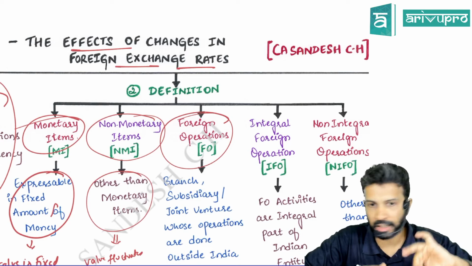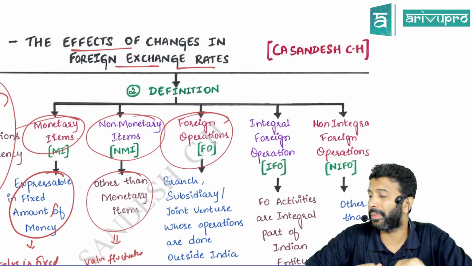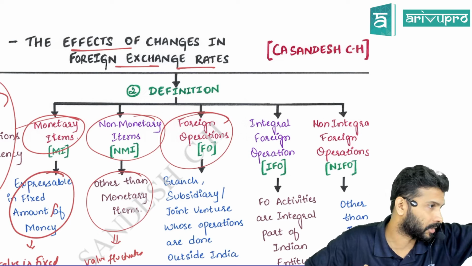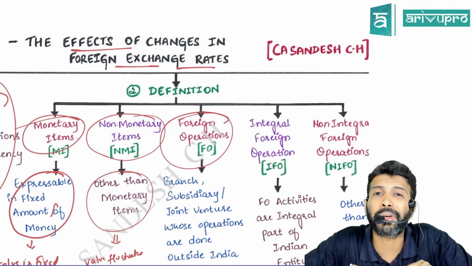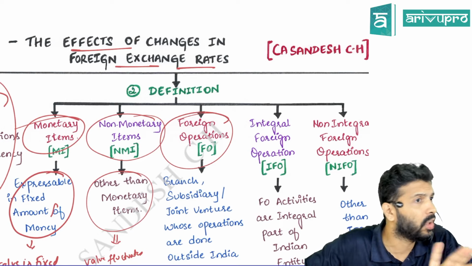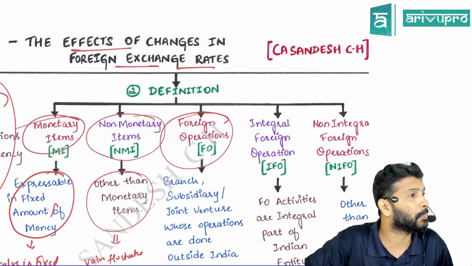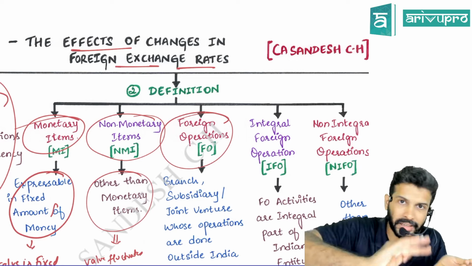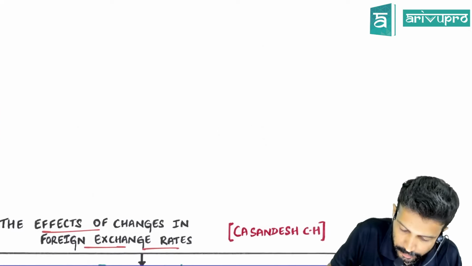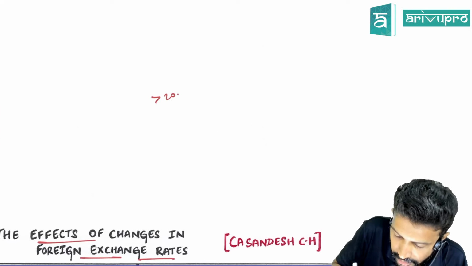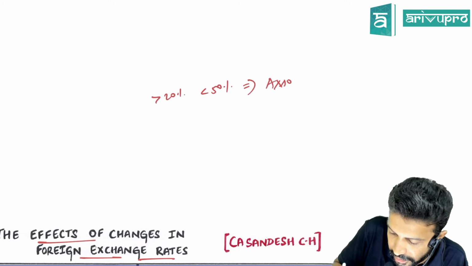Okay, that is one. Or it could be an associate company. Associate company means you own 20% or more. With more than 50% you get control. With 20%, will you get control? No. If you own 20% or more in another company, we call such a company an associate company. 20% or more but less than 50%. Basically, on investment, more than 20% but less than 50%, it becomes an associate company.